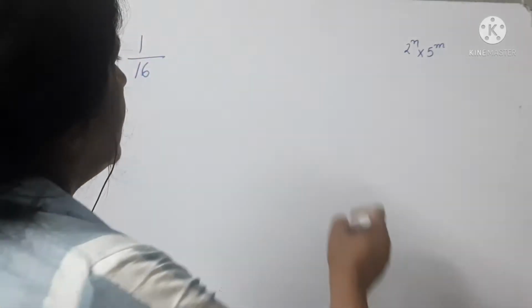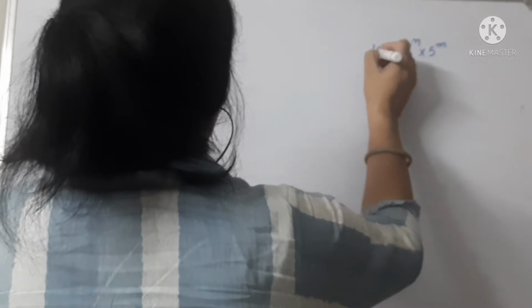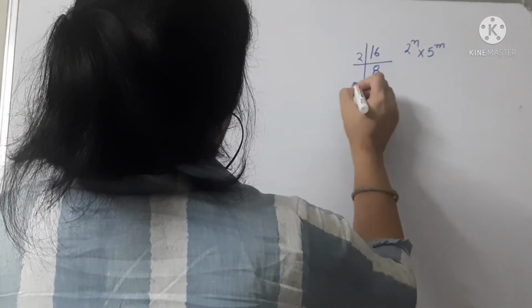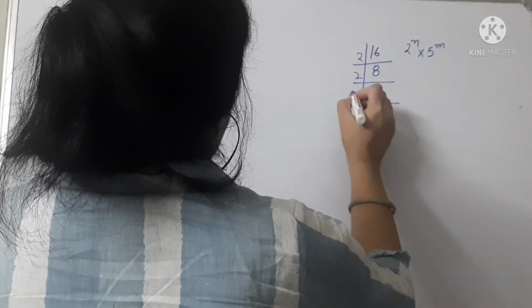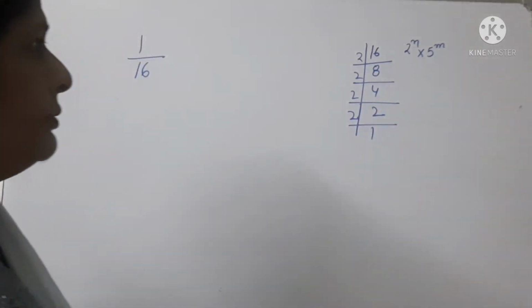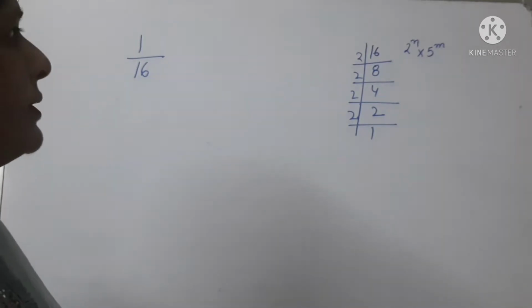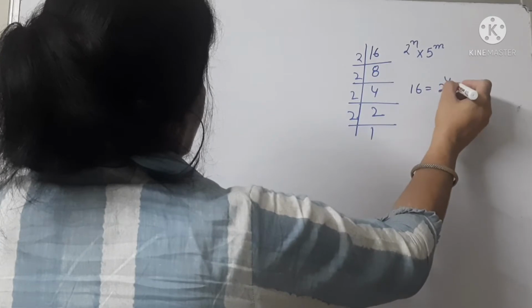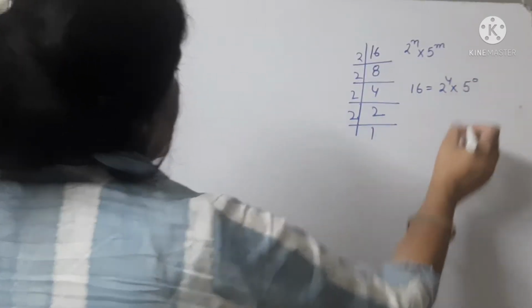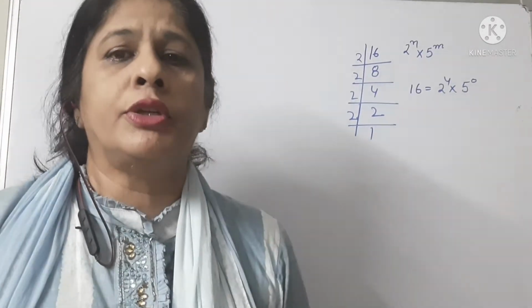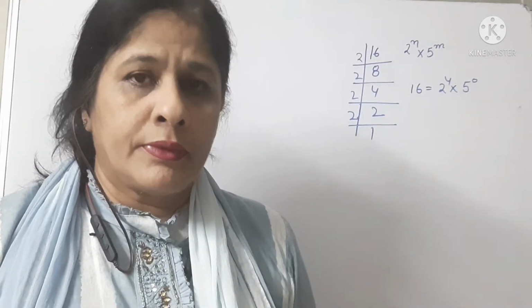Let's see. First of all, we find the prime factors of 16. That is 2 8s are 16, 2 4s are 8, 2 2s are 4 and 2 1s are 2. How can we write 16? 2 raised to the power 4 multiplied by 5 raised to the power 0, and we all know 5 raised to the power 0 equals 1.